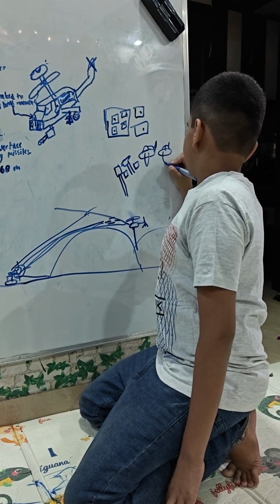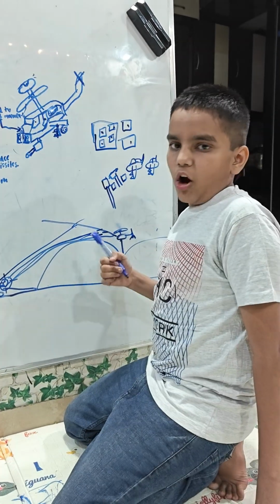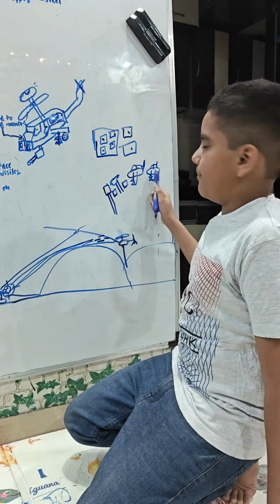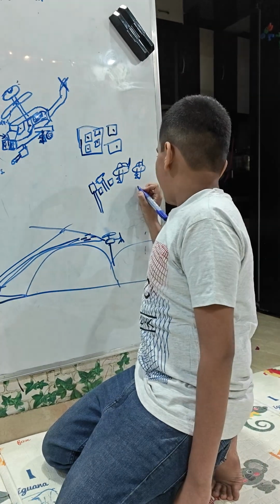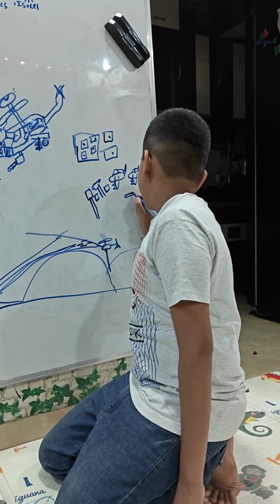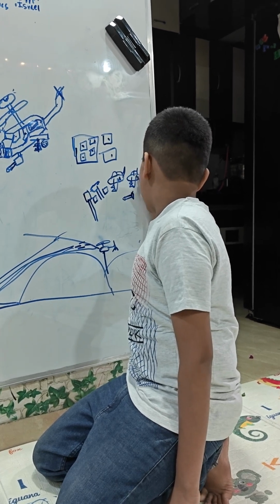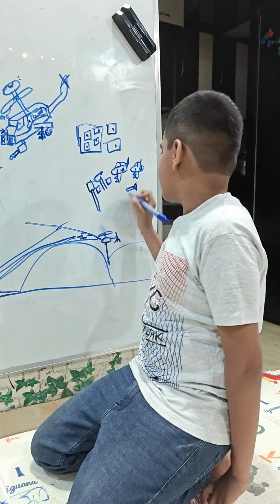So here there are two fighter jets fighting in a dog fight. Any of these planes can fire a heat-seeking missile. Let me name these planes A and B. Suppose plane B fired a heat-seeking missile.